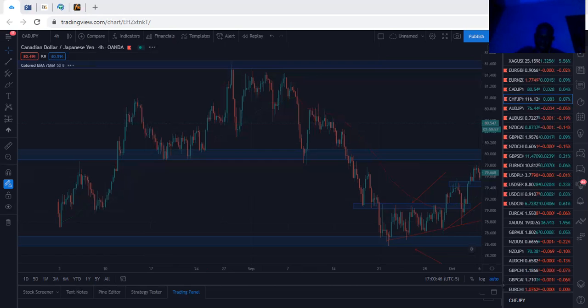Let us see what the Aussie had for us. The Aussie is loading up right now.